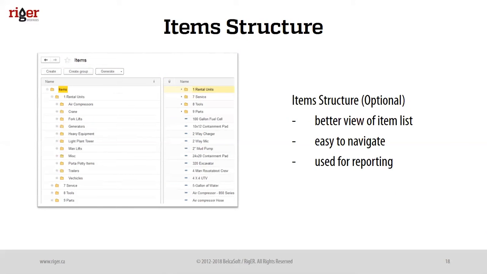It's easy to navigate and find the right item. We also use this for reporting purposes, for example the revenue report by period, grouping items as we build groups here in the item structure.